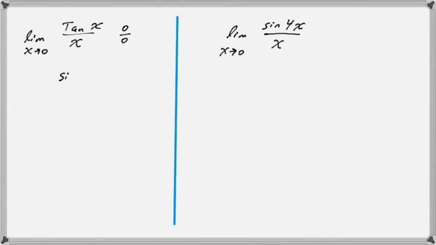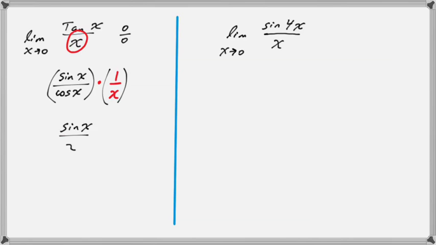If all else fails, go to sines and cosines. Tangent is sine over cosine, right? How do you divide by x? That's the same as multiplying by 1 over x. So if I was to rearrange this, I think I would have something like this.